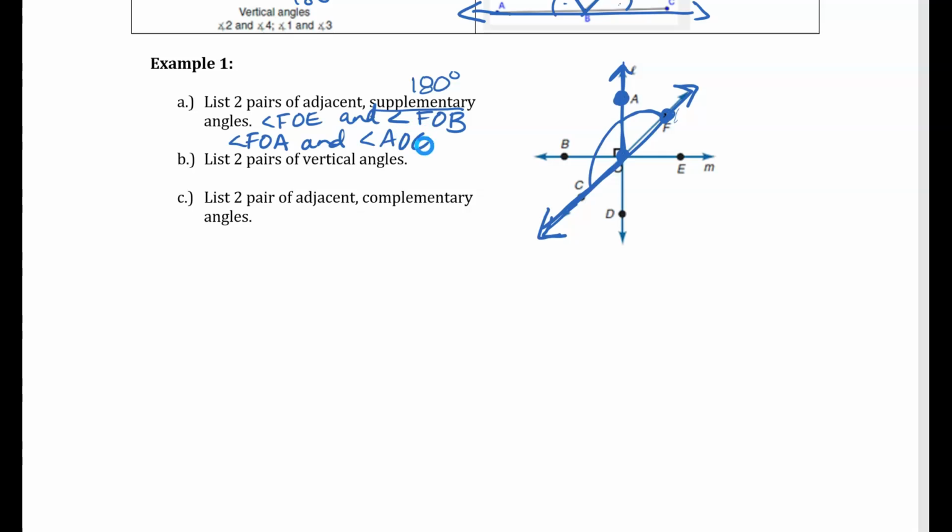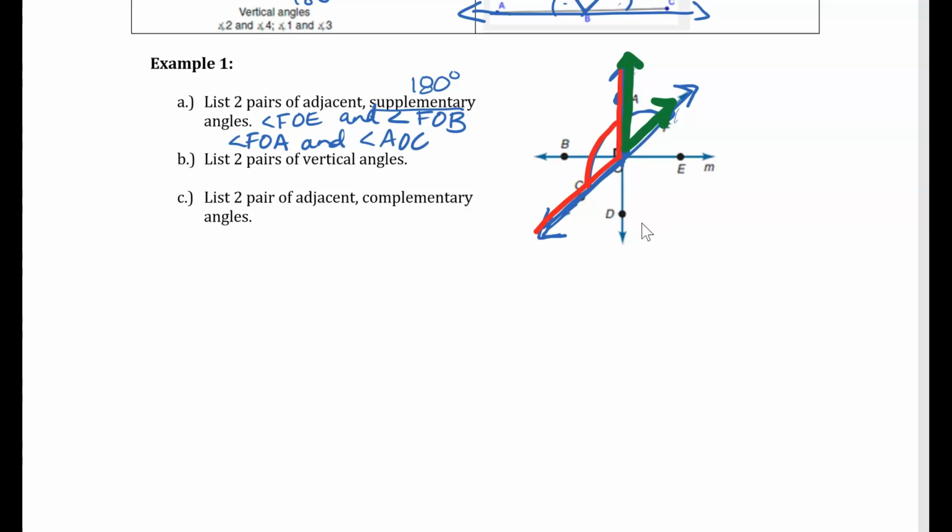Together they share the ray OA in the middle. Let me use a different color so you can see. We've got AOC and FOA, and you can see they share that middle ray, but they add to 180. They make a straight line.